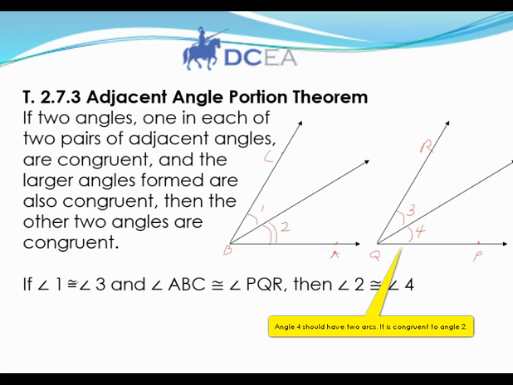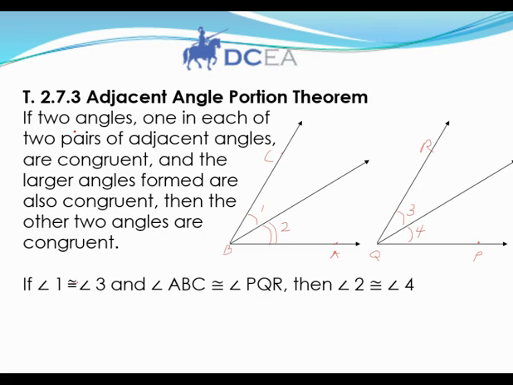So, if two angles, so in this drawing they stated angle 1 and angle 3, one in each of two pairs of adjacent angles. The adjacent angles are angle 1 and 2, and the adjacent angles in this triangle are angle 3 and 4. And the larger angles formed are congruent. The larger angles are ABC and PQR.